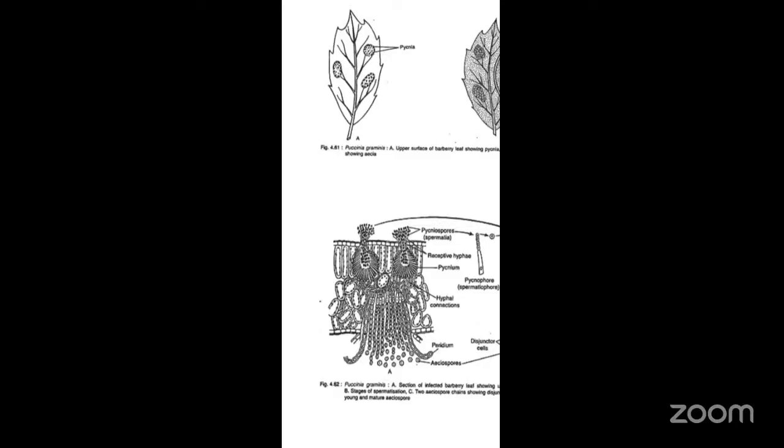So the promycelium becomes septate and forms a single cell, each cell of the basidium.